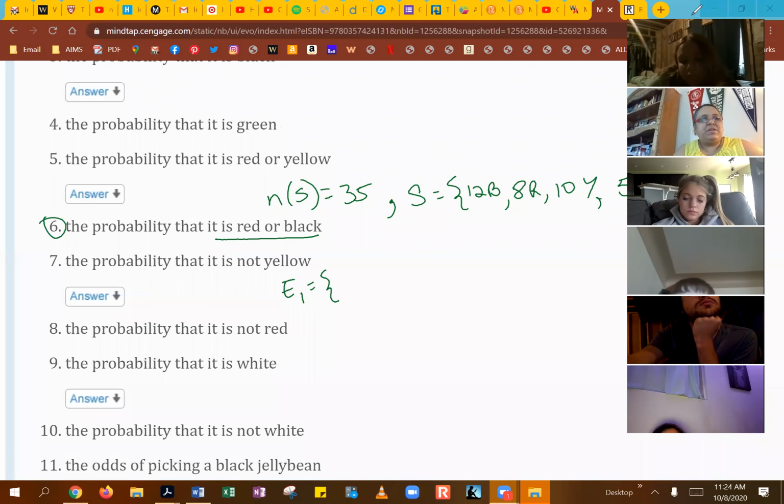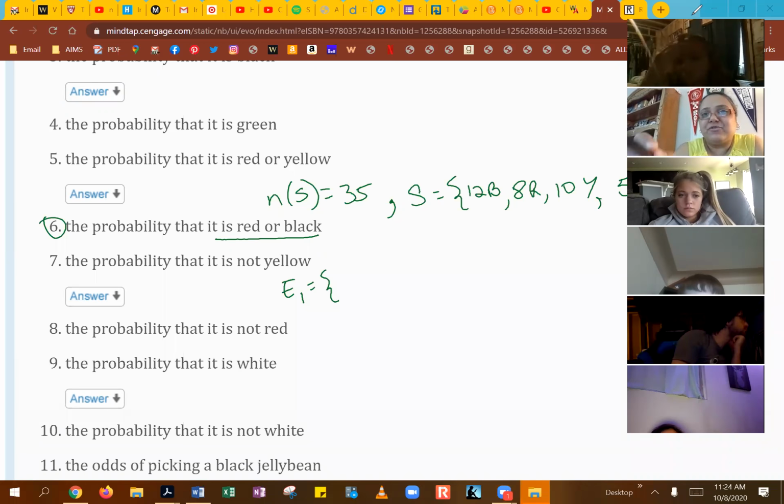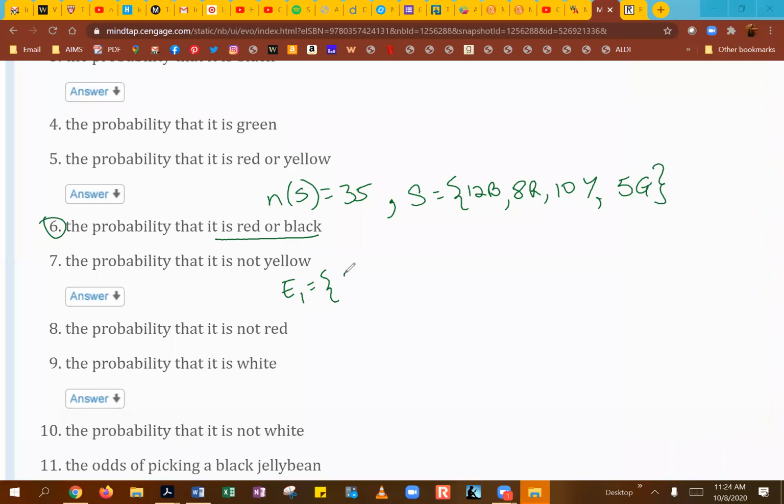Okay, so Markley, can you tell me how you came up with that 20? Very nice. Yeah, exactly. It's really that straightforward. We know we've got 12 black jelly beans and we've got 8 red jelly beans.